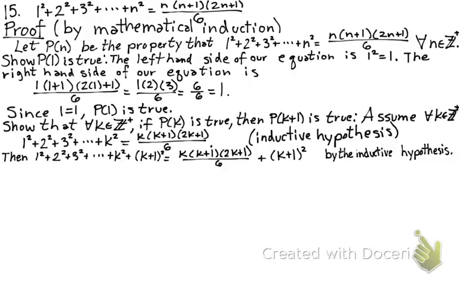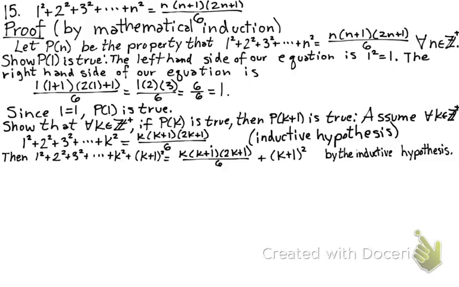But notice now when we're dealing with this, we still have our k plus 1 squared term. Our first term on this right-hand side is a fraction over 6, and our other term is k plus 1 squared. We want to be able to relate these two things, but we can't quite yet. What do you think we should try? One of the things is mathematical induction is often a method where we're just trying things to see what's going to work.